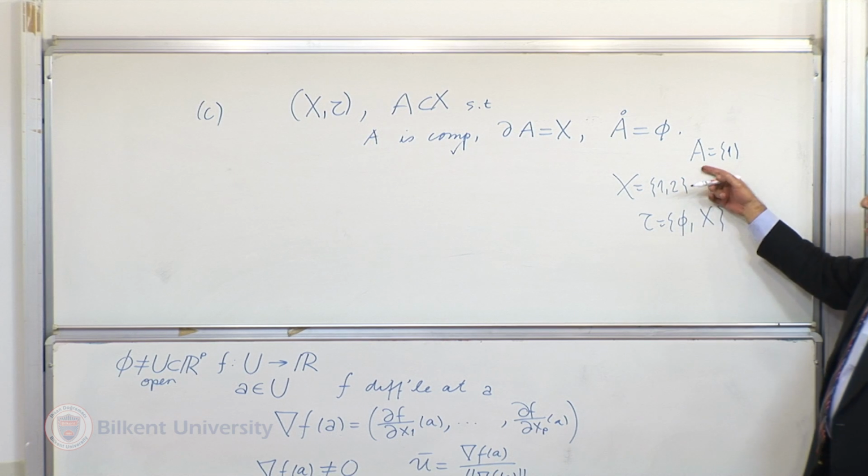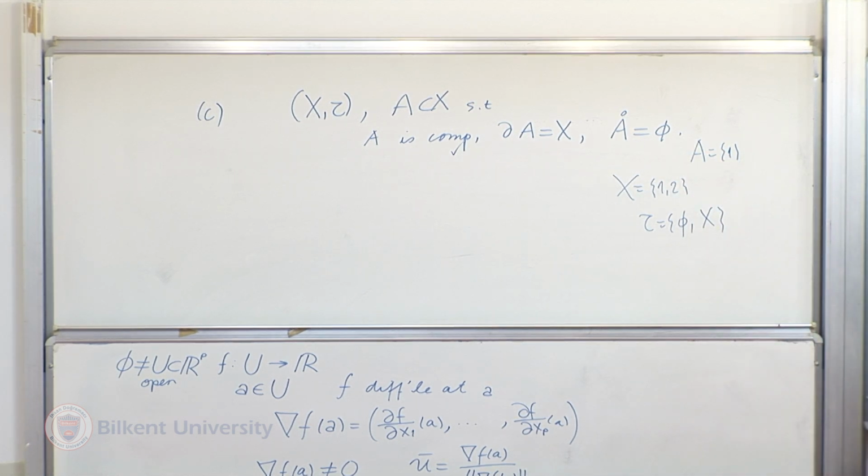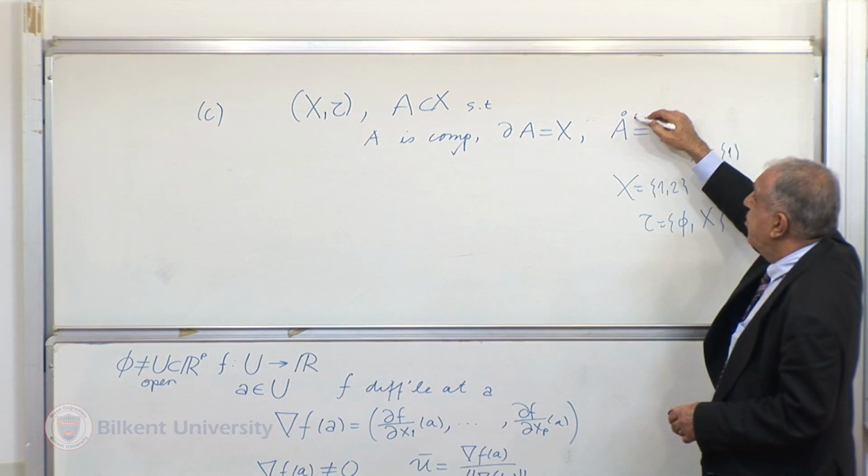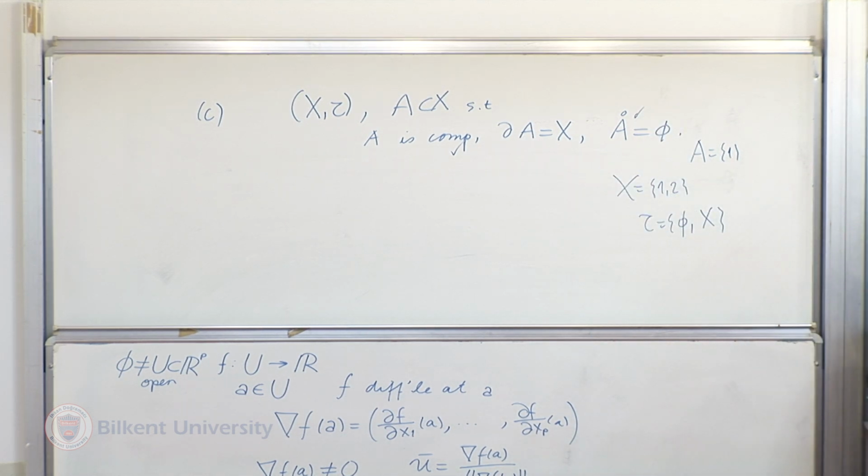Is its interior empty? Yes. The only neighborhood of 1 is the entire space, and that's not contained in A. So the interior is empty. Is the boundary the whole space?